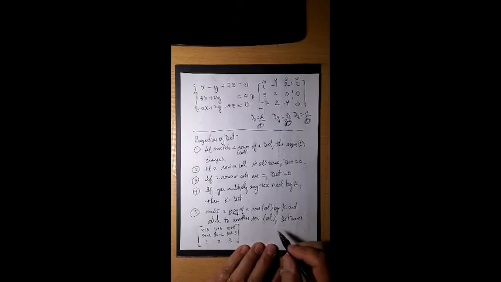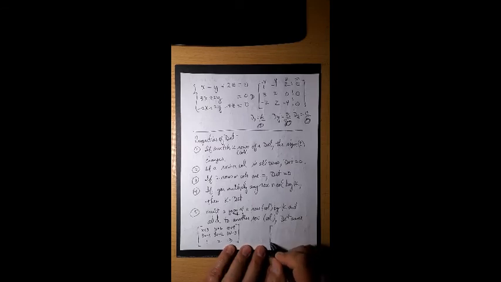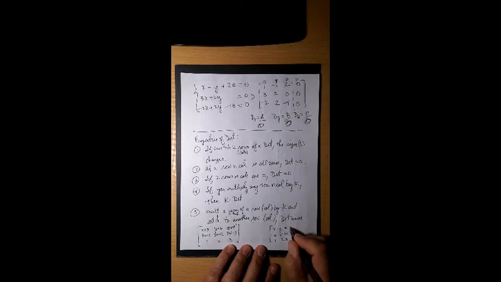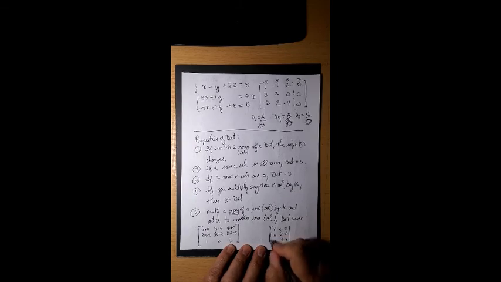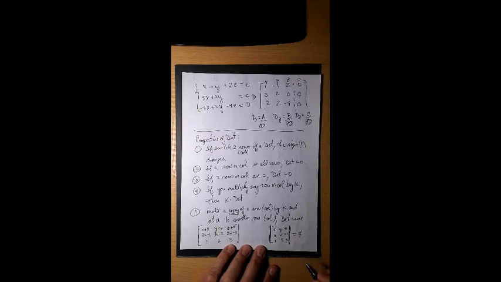How would you find the determinant if you knew that x, y, and z, u, v, and w, 1, 2, and 3, this determinant, not matrix, but determinant, was 4?